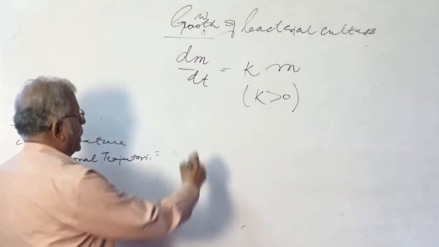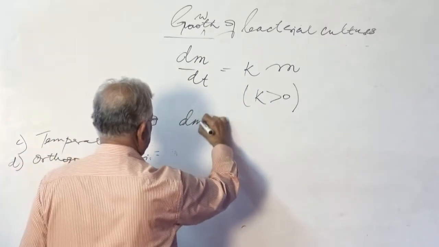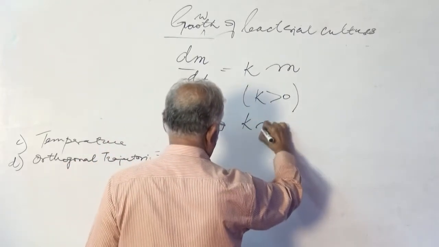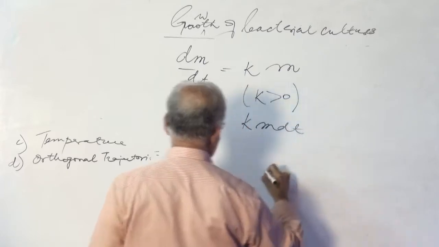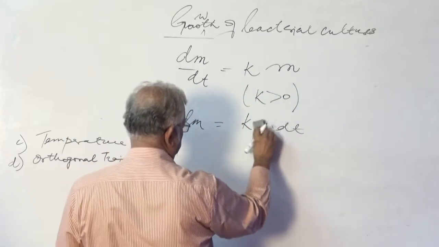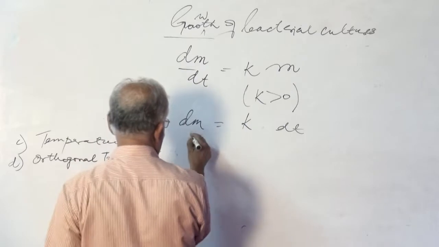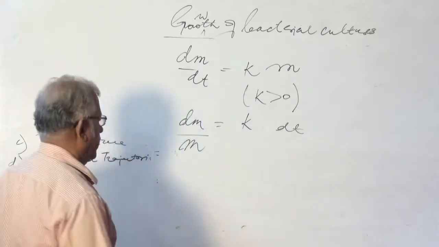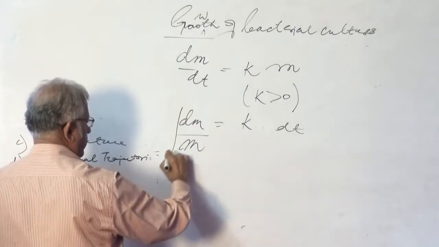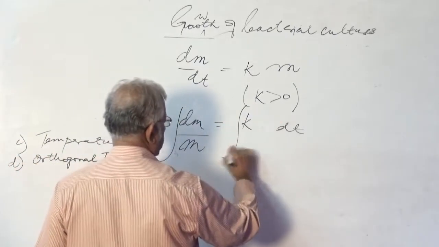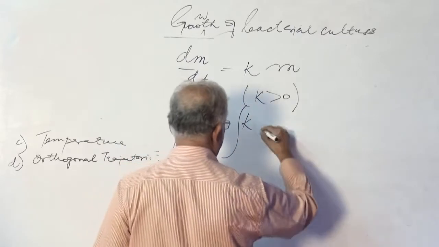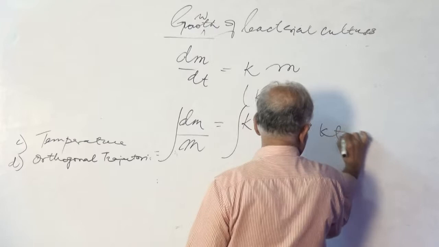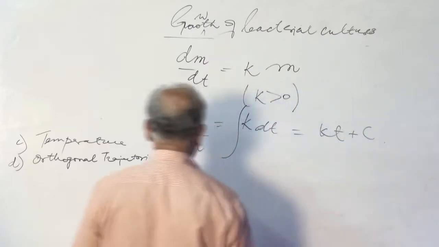And evidently one can see that the equation is dm is K m dt. In other words, dm over m is k dt. When we integrate this, we can write an integral sign on both sides. This is k dt. So the integral becomes kT plus C.